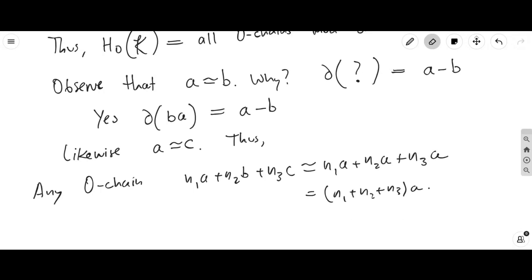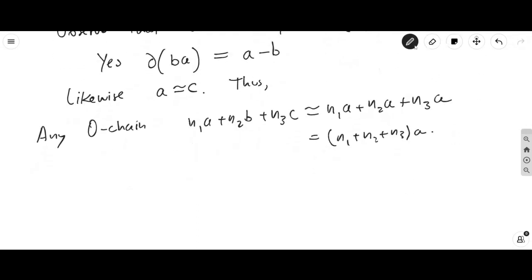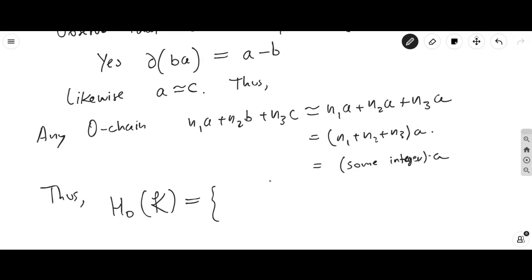And what we see from here is that A is the generator for the group. So thus, in the end, this is just some integer multiplied by A. So thus, the zeroth homology group of this complex, all of the zero simplices, they're homology classes.